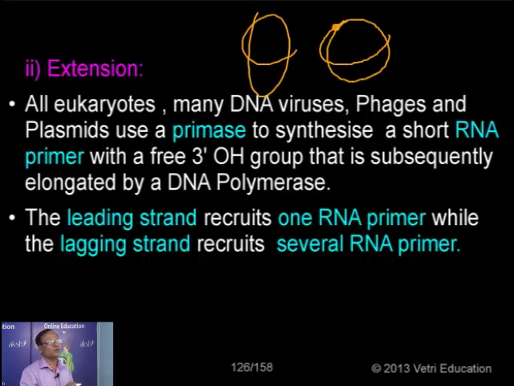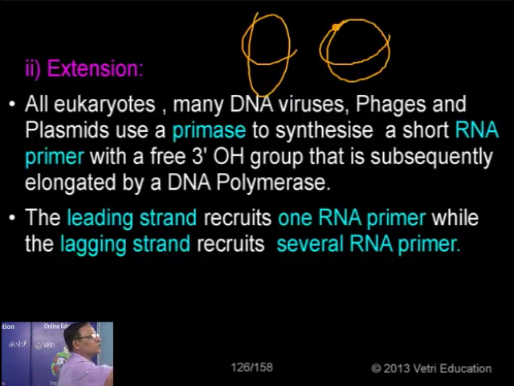The replication fork is not formed in the case of E. coli. There is only one origin of replication, but for eukaryotic DNA, there are many origins of replication. In E. coli, there is no replication fork, and the origin of replication gives a theta structure, the symbol theta.